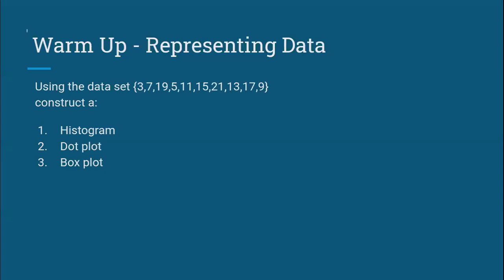Okay, so remember that a histogram groups data into equally spaced bins, and it looks like a bar graph, but the difference is there are no spaces. It is continuous. And then remember, a box plot is a 5-number summary.